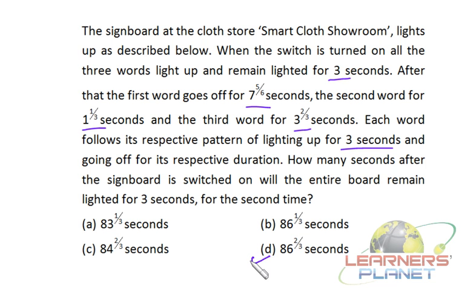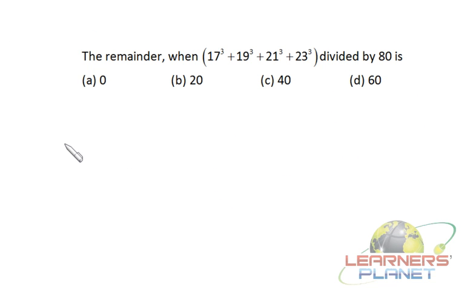Okay friends, I hope you are clear with the method. Now let's see this problem. We have to find out the remainder when this expression is divided by 80. It seems to be an application of algebraic formula, a cube plus b cube. Here 17 plus 23 is making 40, as well as 19 and 21 is making 40. So let's rearrange it: 17 cube plus 23 cube plus 19 cube plus 21 cube.